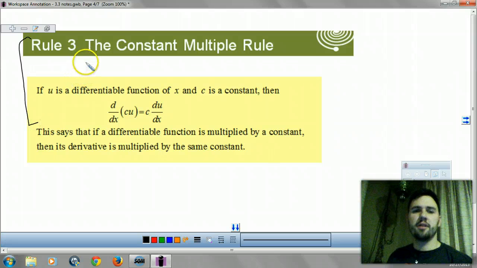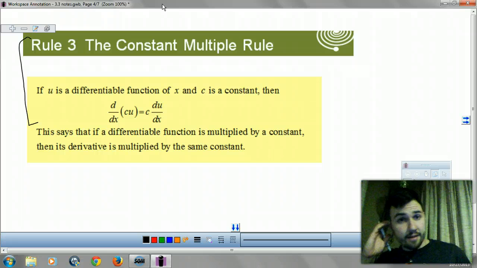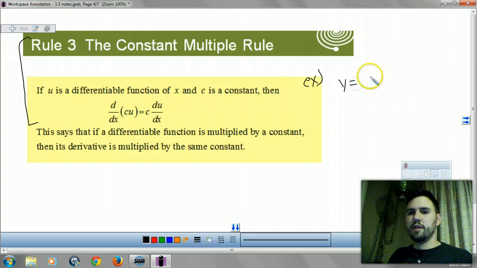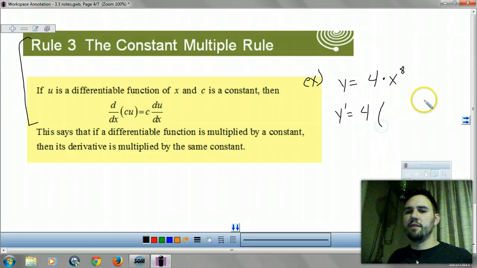Rule 3, the constant multiple rule. What that says, if you have a constant in front of your function, you can pull that out before you take the derivative of that function. For example, if y equals 4 times x to the 8th, y prime equals, so you can pull this 4 out in front.